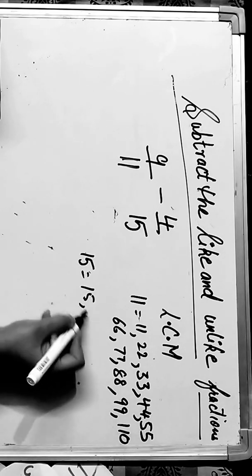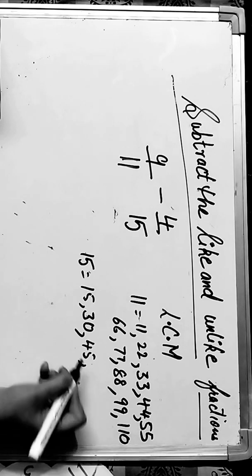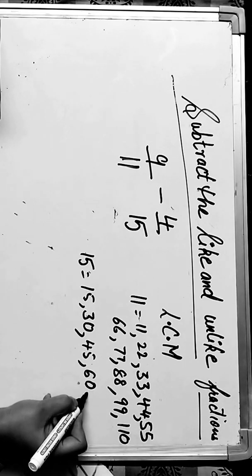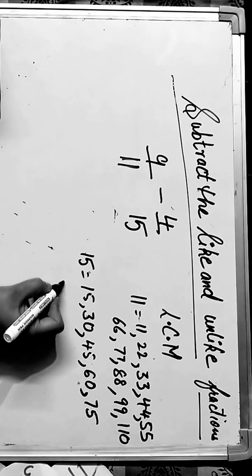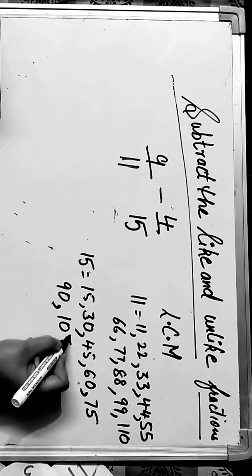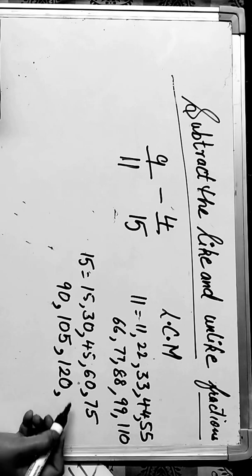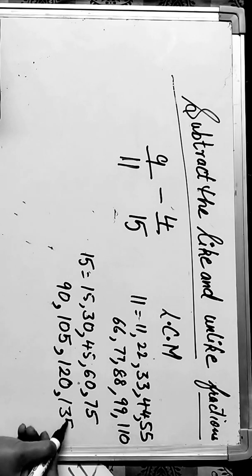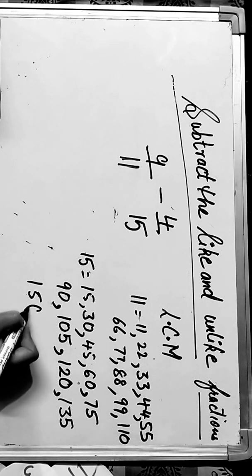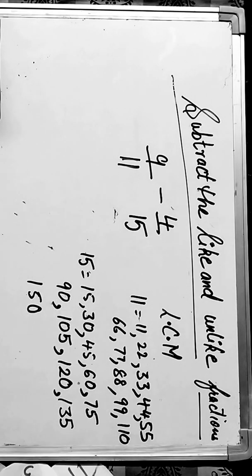Multiples of 15: 15, 30, 45, 60, 75, 90, 105, 120, 135. Like this we'll go on till 150. So this is very difficult. We need to find out a lot of multiples.